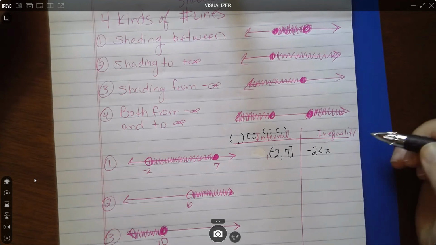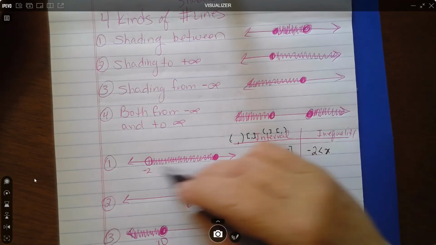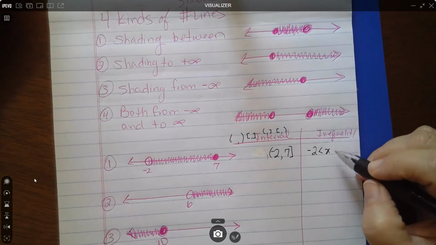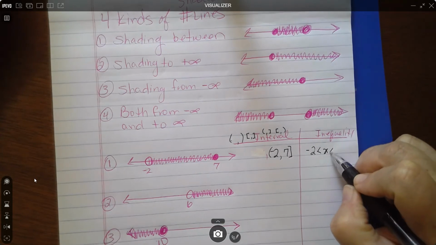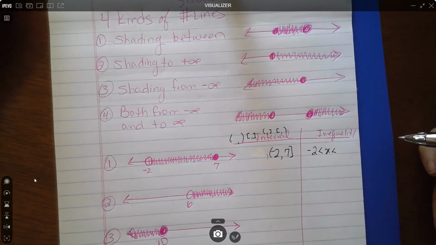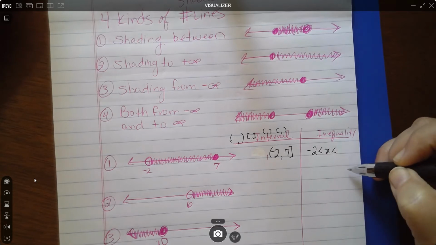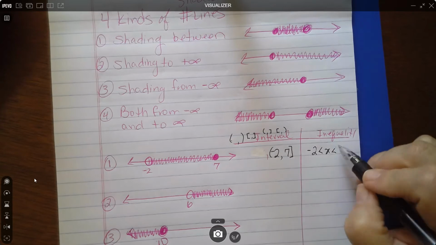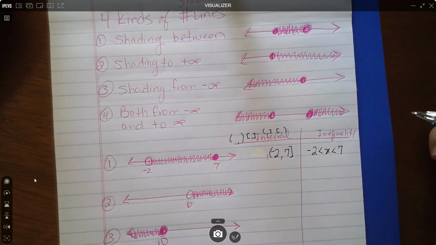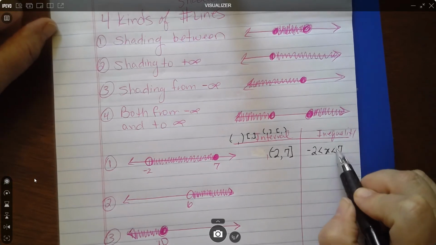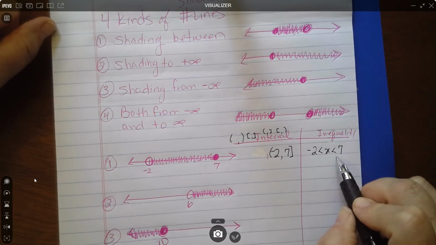You're going to put an X because we're talking about an X-axis. Then you will always put a less than symbol next. And then you're going to end it with that number. These three things right here in the middle will always be there.